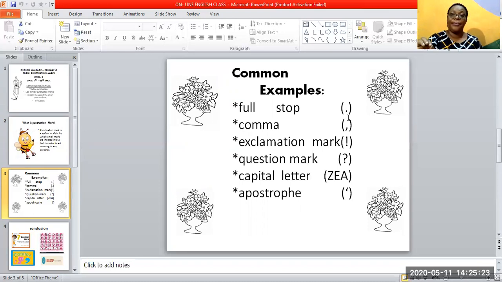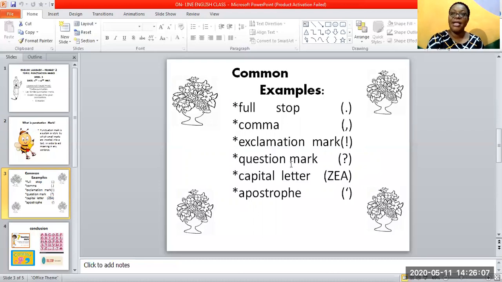It is used to end a sentence and to indicate the start of another sentence. Beautiful. You can see it in the brackets there. That is full stop. Another name for full stop is period. Full stop also means period.